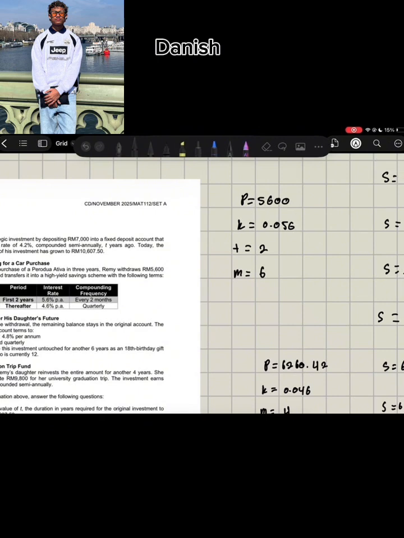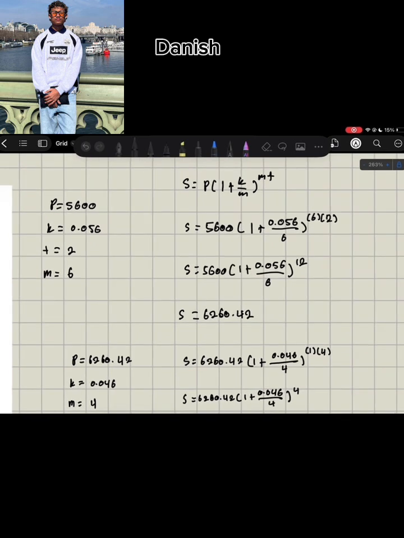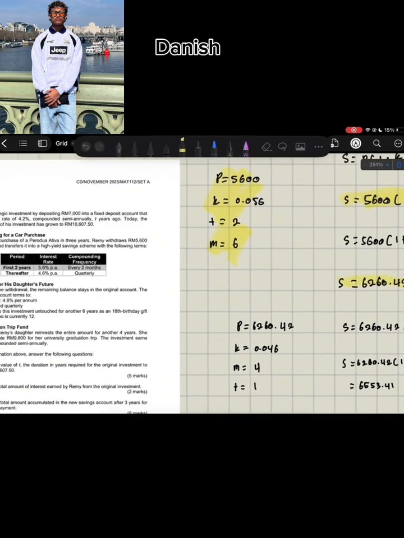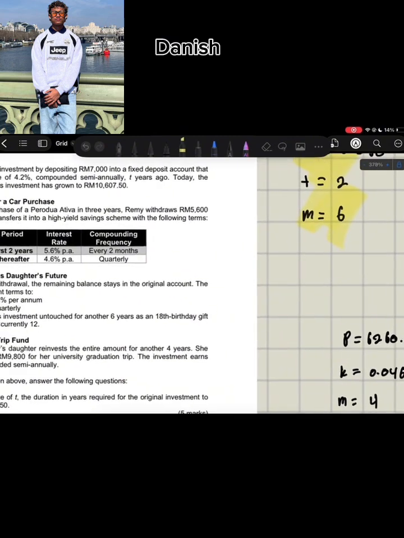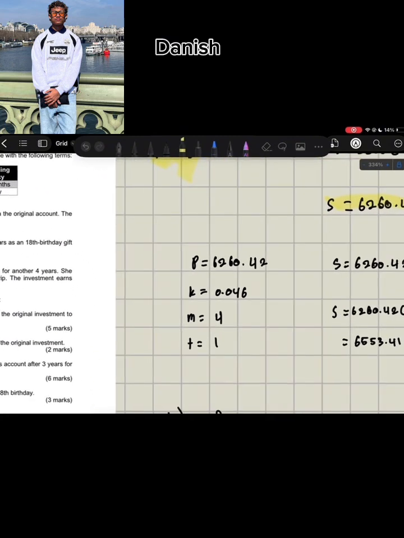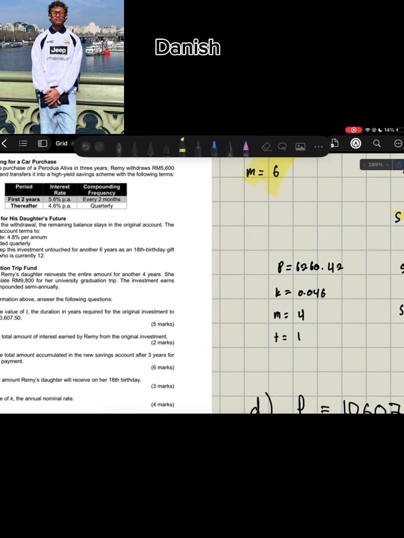If we insert all of this inside the formula, you will get this answer. For the second timeline, thereafter, the K is 0.046, the compounding frequency is 4, and the time is 1.